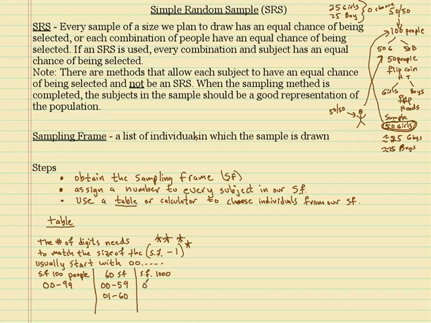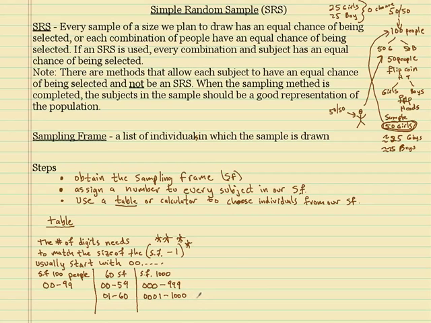But if it was me, I would say 0, 0, 0. There's 4 digits in my sampling frame, so I'm going to go 3 digits, 9, 9, 9. Because there's 1,000 digits here, since I'm starting at 0, 0, 0 going all the way to 9, 9, 9. See, I could do this 0, 0, 0, 1 to 1,000.